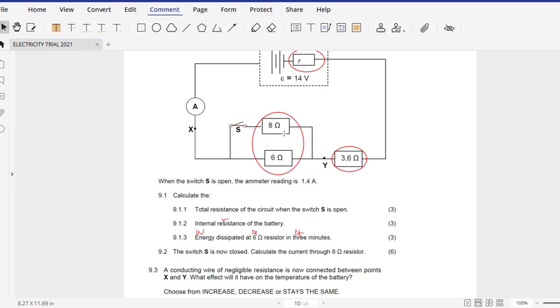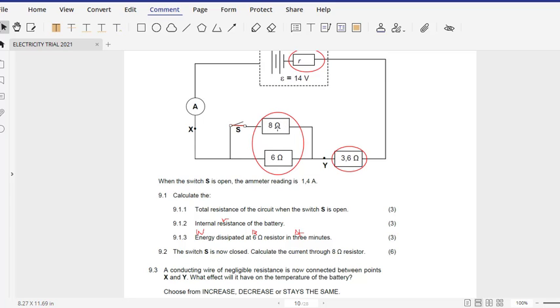So one method is to find the voltage of the parallel section, and then when we get the voltage, we can use the voltage for the 8 ohm, because these two resistors do not divide the voltage. The voltage is the same. So if we are able to get a voltage, we use the voltage of the parallel section together with the resistance, and then we find the current.